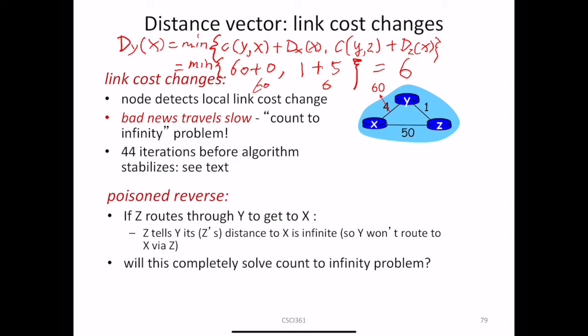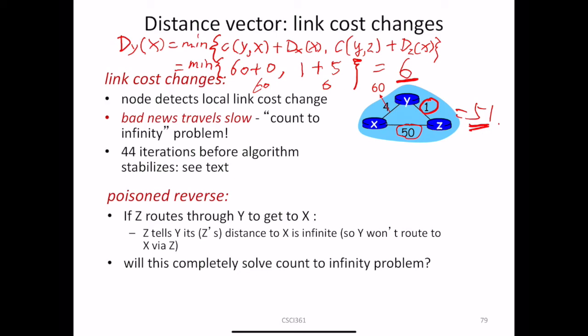However, because this topology is quite simple, we can directly see the ground truth. So the distance from y to x, excuse me, is equal to 1 plus 50. Actually, it is equal to 51. However, we get a wrong result, which is 6, because it cannot directly get this ground truth based on the local information and the distance vector of its neighbors.